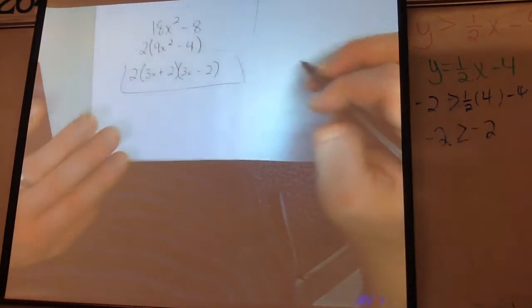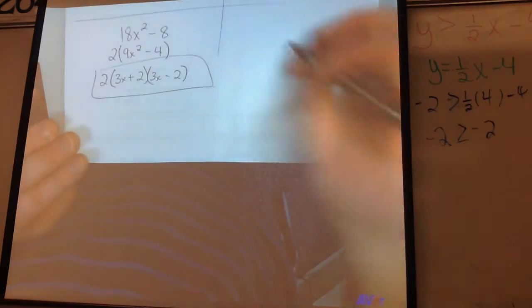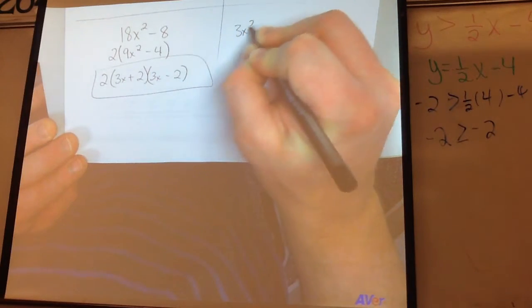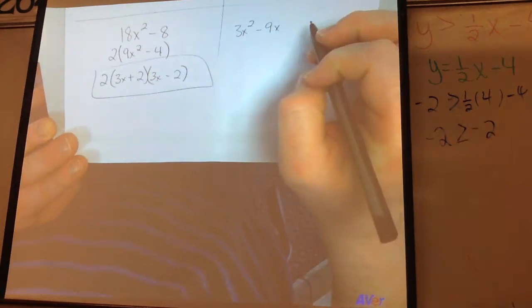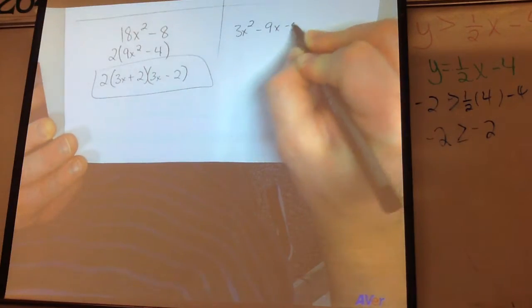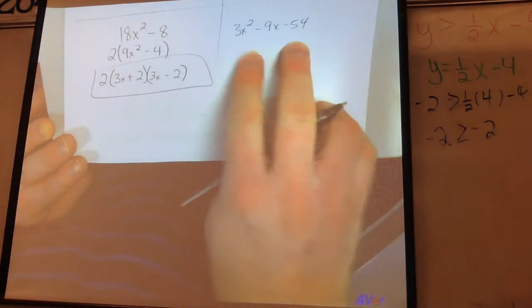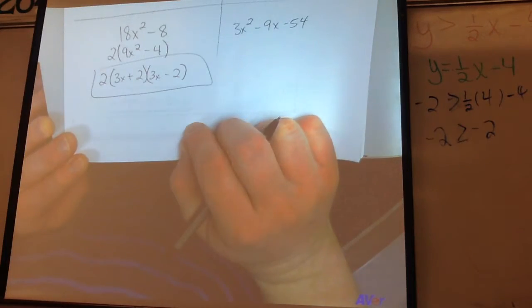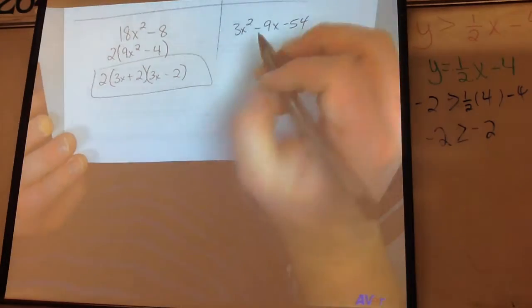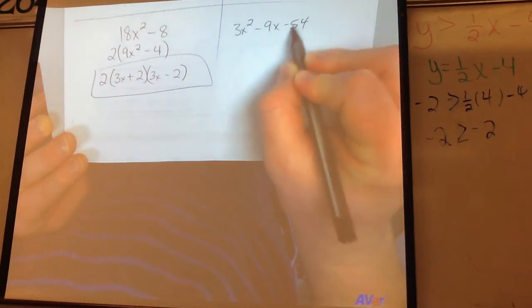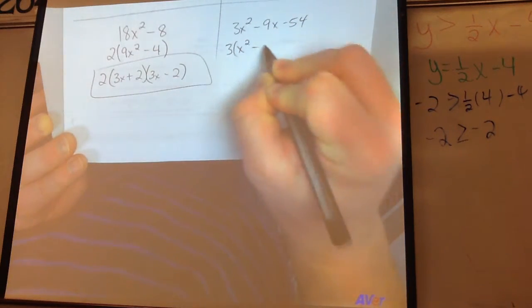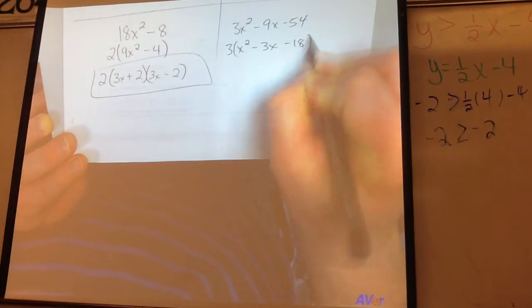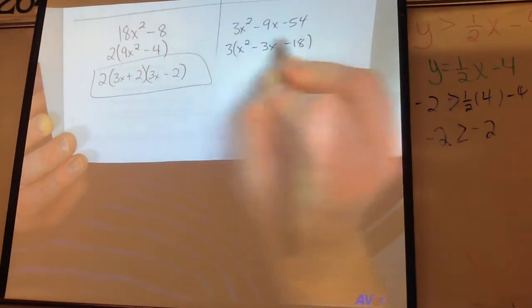That'll happen a lot. Even simple ones like 3x squared minus 9x minus 54. You might think those are big numbers, that's hard. But if you use your calculator and check, you'll find they all have 3 in common, and when you pull a 3 out it gets a lot easier, and that's still factorable.